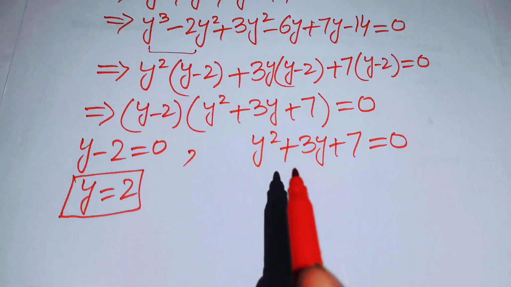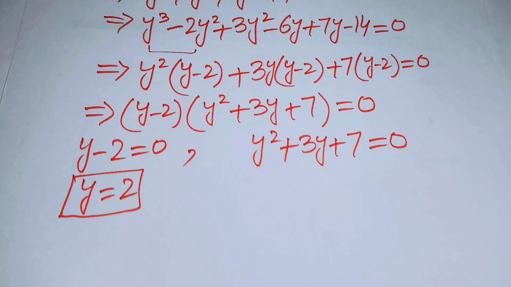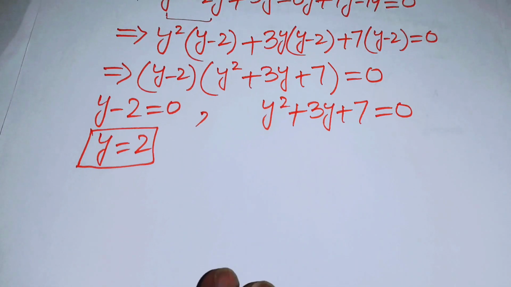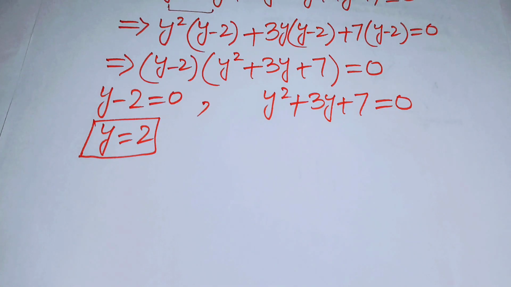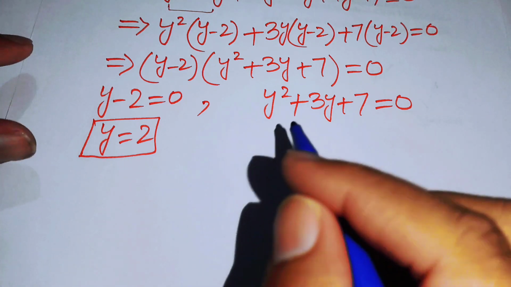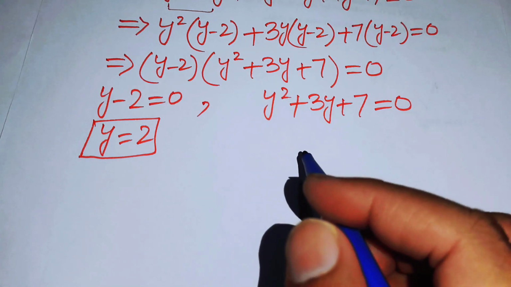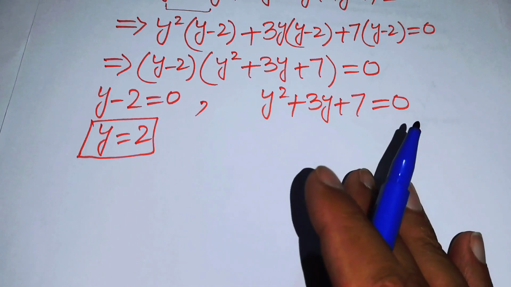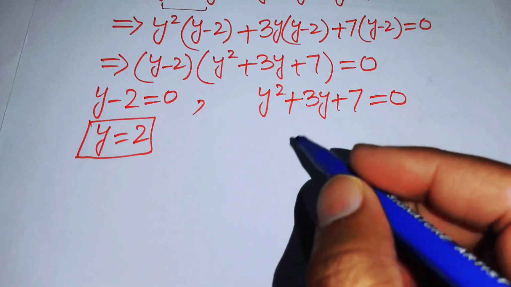Now in this quadratic equation, first we will check whether this quadratic equation has real roots or not, because in this problem I can just solve for the real roots only. So first I can check this by using the nice discriminant formula.